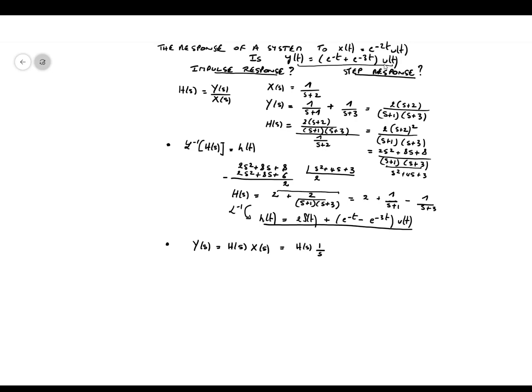Okay, so this will be 2 over s plus 2 over s, s plus 1, s plus 3, right? So we can rewrite this as 2 over s plus a over s plus b over s plus 3.